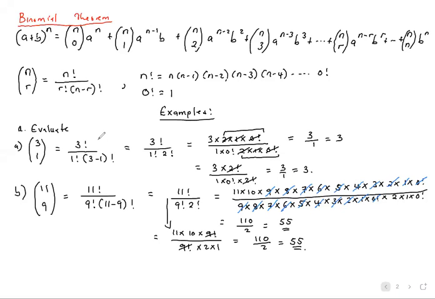We said you can keep multiplying going down all the way up to 0. With this one here, you could go all the way down to 0 factorial, but then there will be much work of canceling.